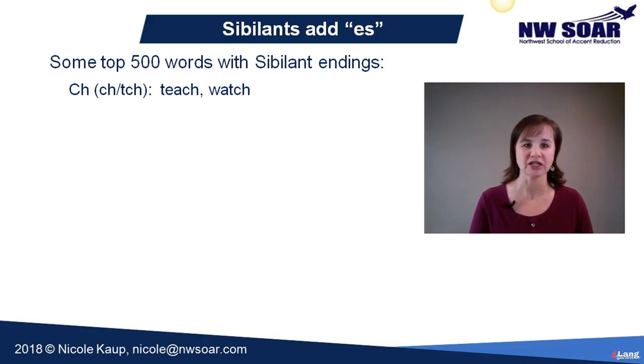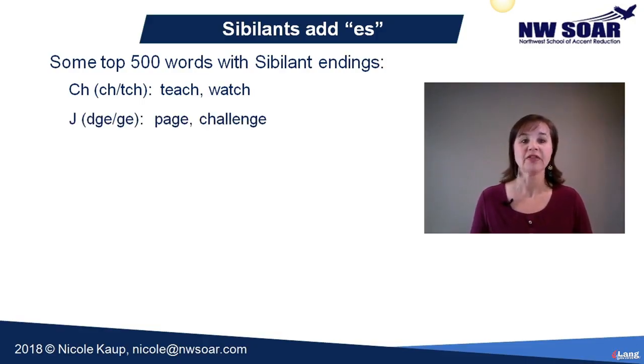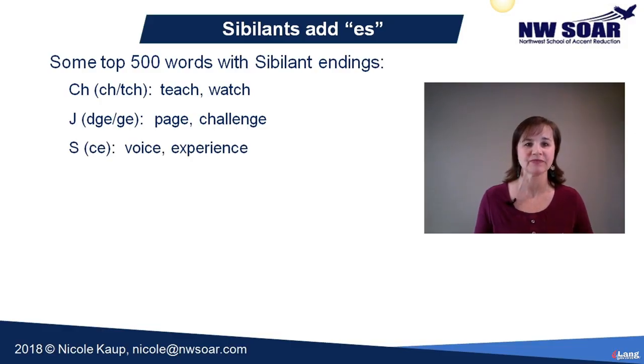Watch, watches. The J sound, which is typically spelled DGE or just GE, as in page, pages, challenge, challenges. The S, again the S, which can be spelled a variety of ways. Words often end in CE in English, like voice and experience. Their plurals would be voices and experiences.